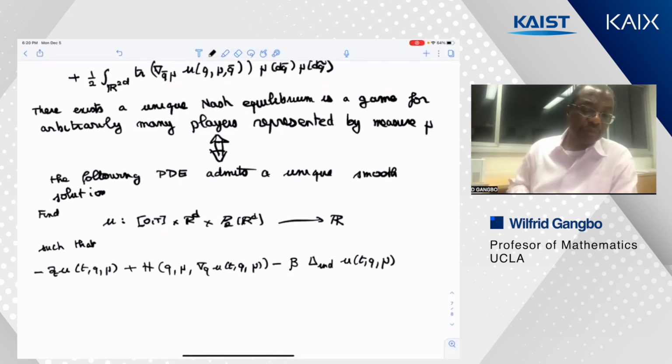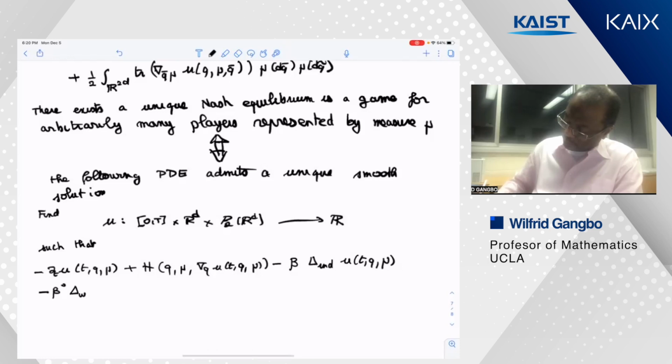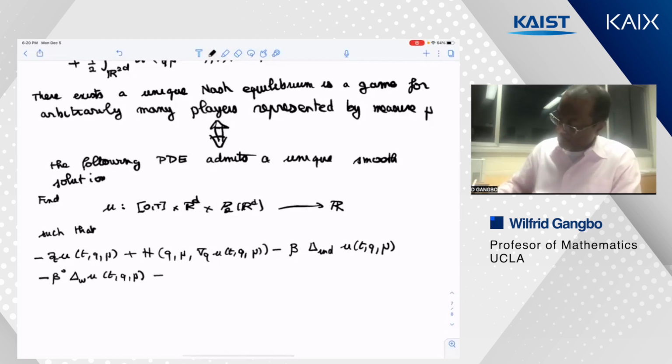Minus beta naught, the common noise operator, plus, in the case with finitely many population, we have a directional derivative, which is given by the integral over Rd.